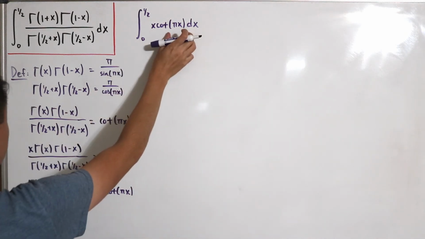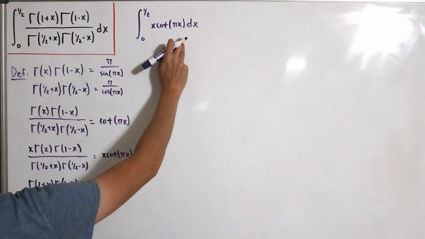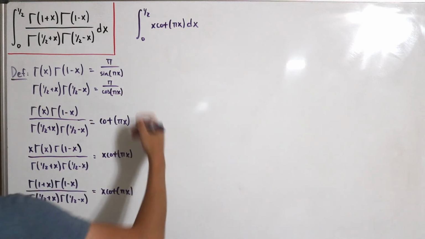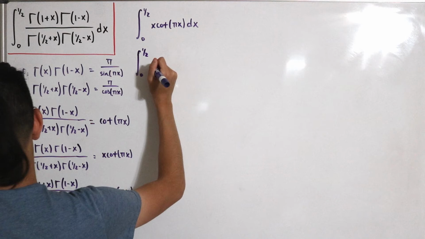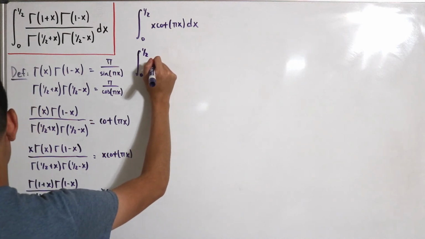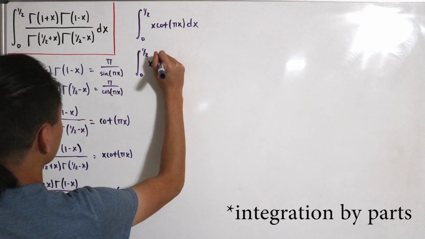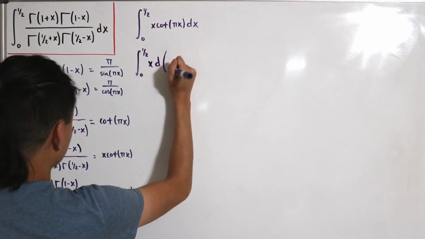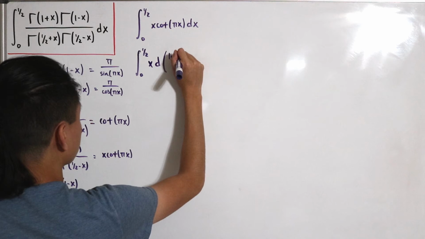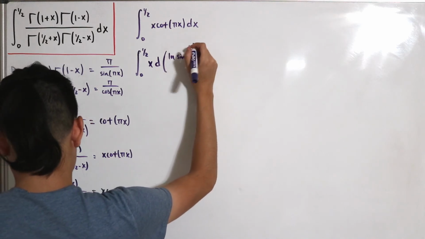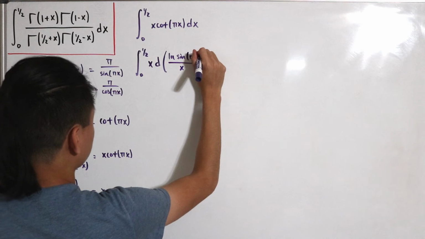If I take the antiderivative of cotangent of pi x, skipping the steps here, it's easy to show using u-substitution. So we have x times the differential of the natural log of sine of pi x, divided by pi.